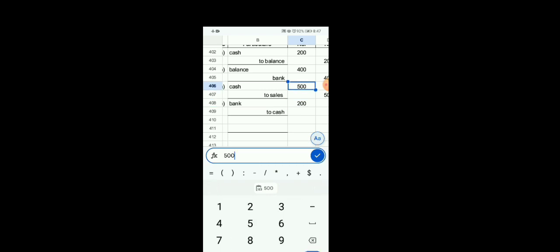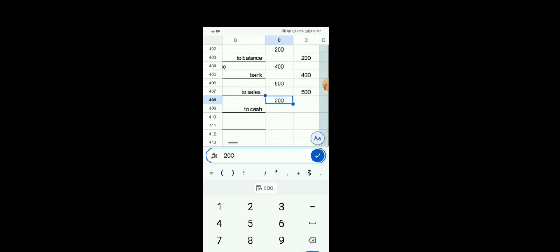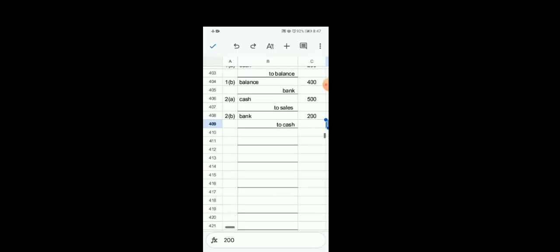You haven't deposited all the cash into the bank. Some part of this cash has been deposited. That means 200. So 200 is mentioned on the debit side, and the same you are supposed to write on the credit side. So what we have is 2B.